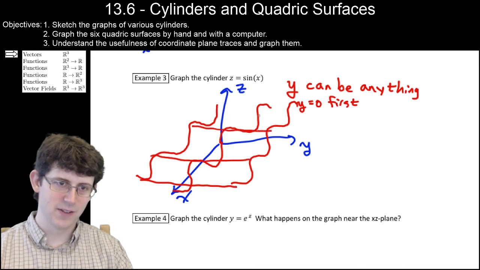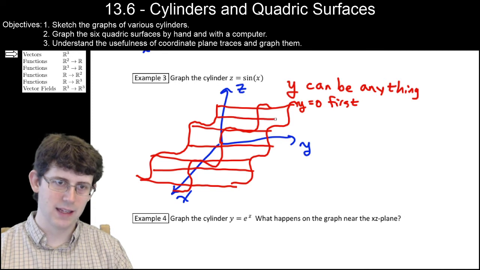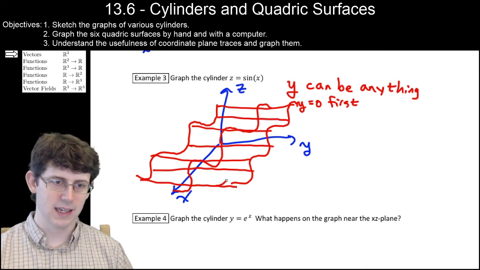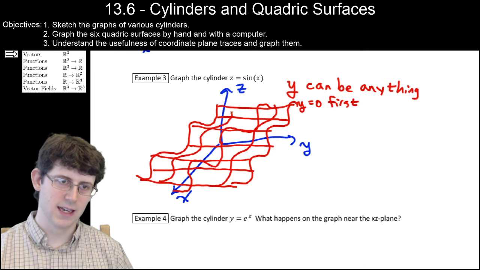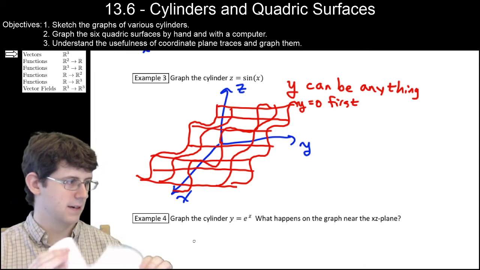These connections are the rulings. And here, because y could be anything, these rulings are parallel to the y-axis. So what you've got is just like a wavy, this is what cylinders look like. Just make it wavy.